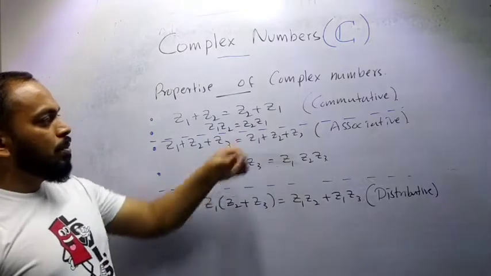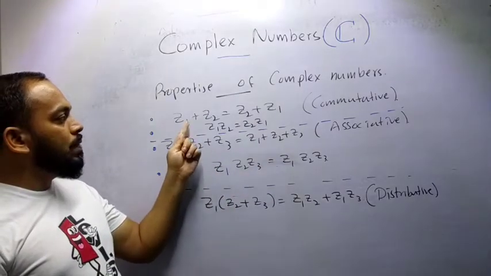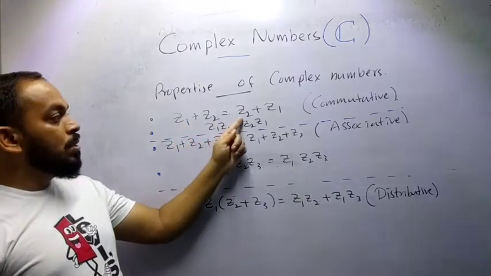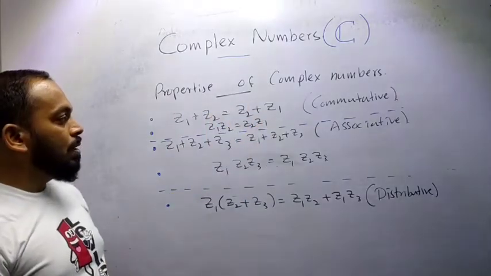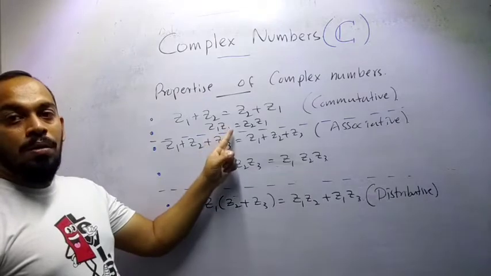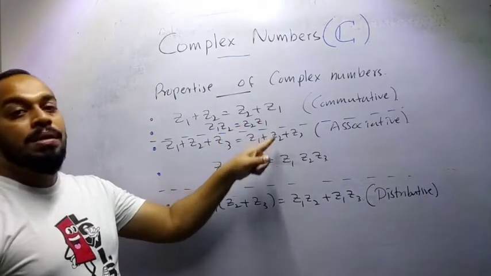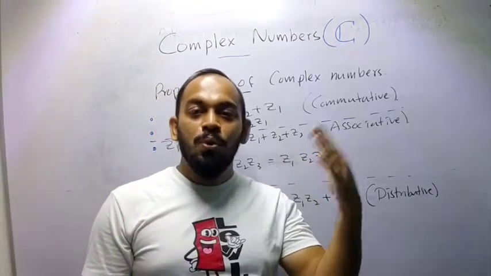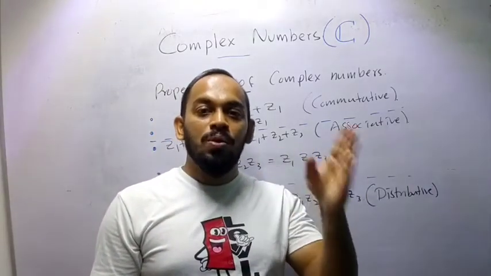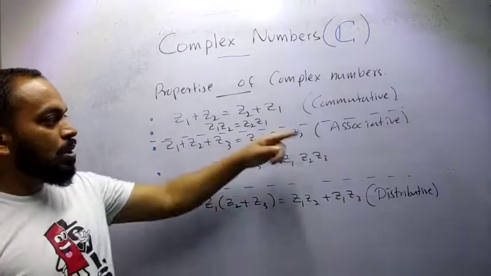So what does commutative mean? If you add z1 plus z2 or z2 plus z1, it's the same thing. If you multiply z1 by z2 or z2 by z1, it's the same. It's like 3 into 4 is equal to 4 into 3, and 3 plus 4 is equal to 4 plus 3. This is called the commutative property.